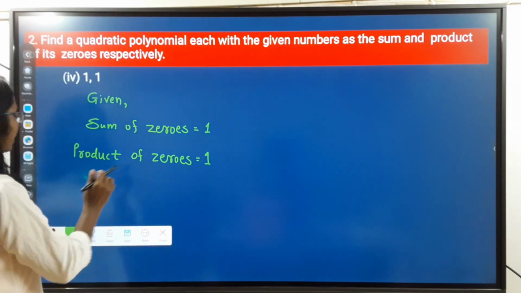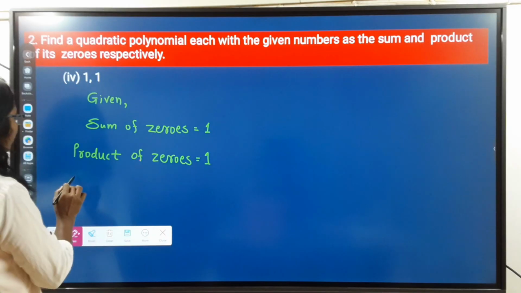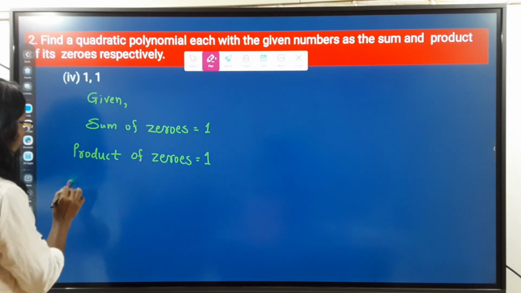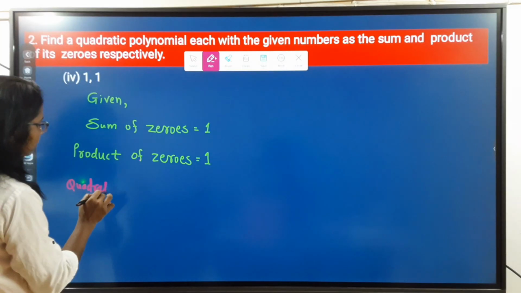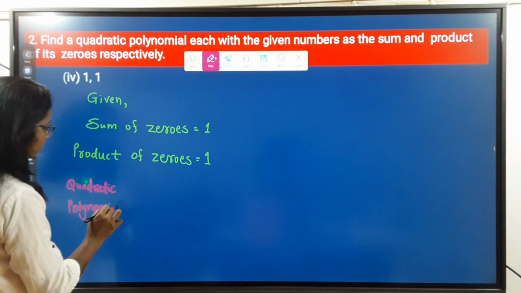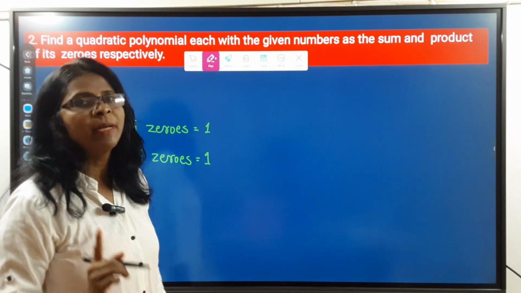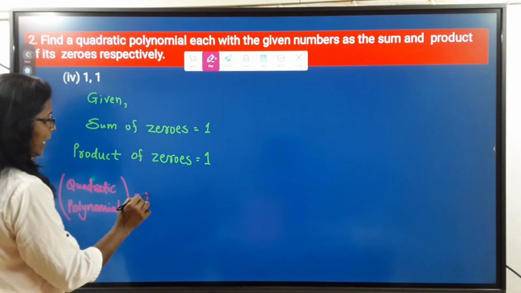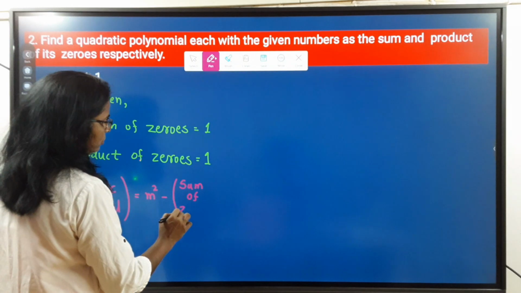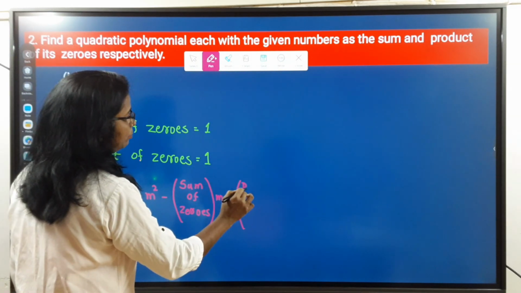And then here students, I write down the formula for the quadratic polynomial here. So I write down quadratic polynomial is equal to, so I write down this quadratic polynomial with respect to n students. So here I write down n square minus sum of zeros multiply n plus product of zeros.